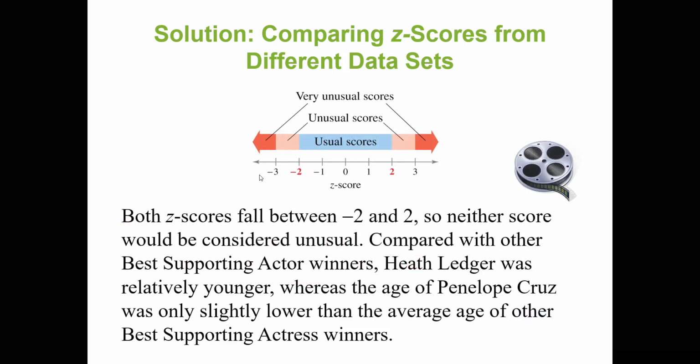So anyone who appears more than 3 standard deviations, be it to the right or to the left, has a very unusual value that looks like what we call an outlier. Now, if you appear more than 2 standard deviations to the left or to the right, it's still very unusual, and the usual scores are the median score or within 1 standard deviation to the right or to the left of what you expect.